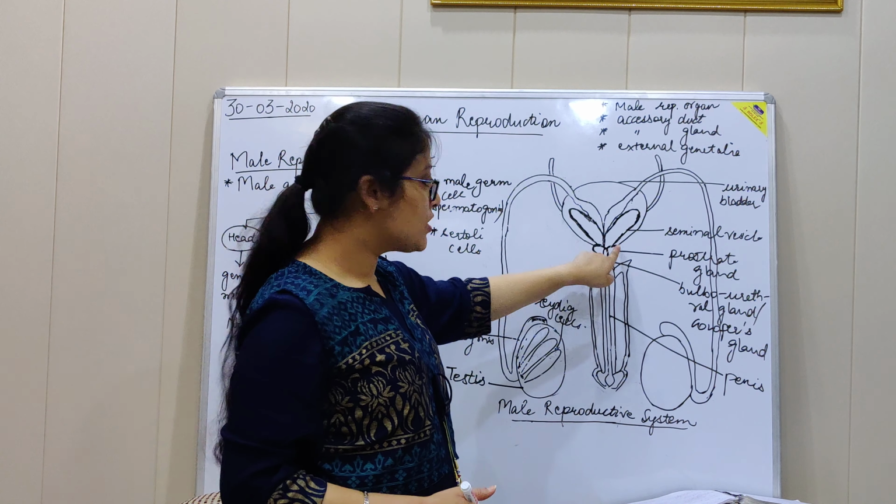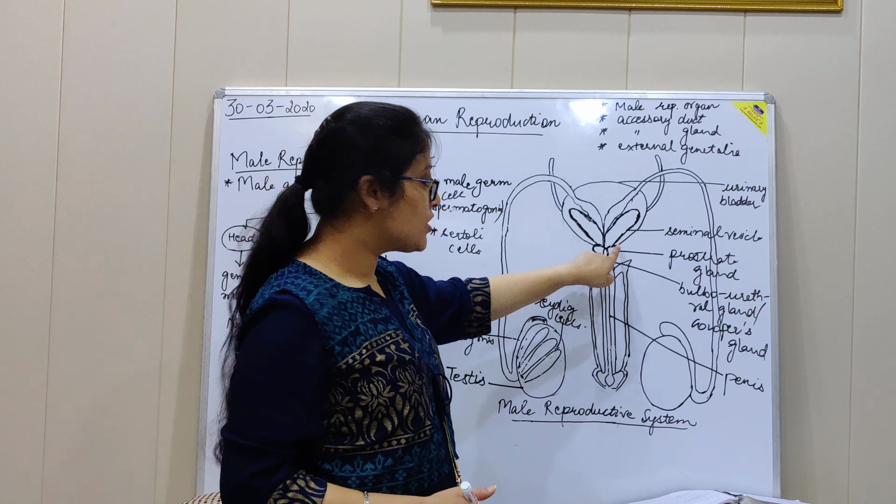Now, I told you everything about it. I told you about accessory ducts, that is rete testis, vas efferens, vas deferens. Now I'll tell you about accessory glands. There is a pair of seminal vesicles, a single prostate gland, and a pair of bulbourethral glands.